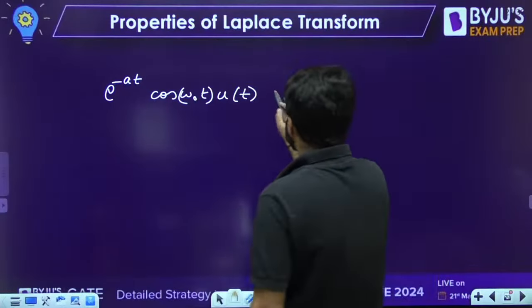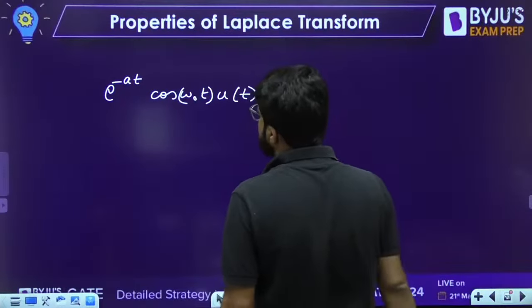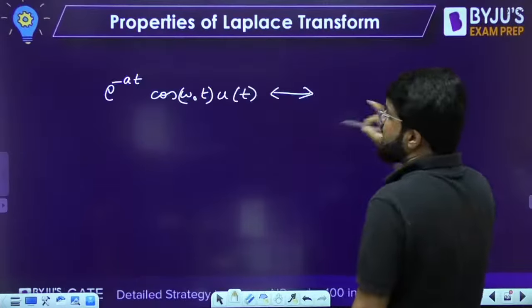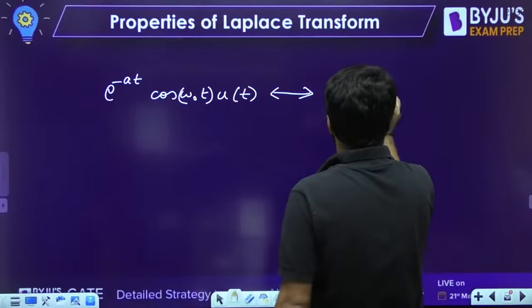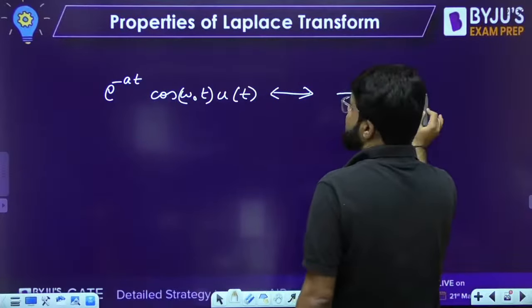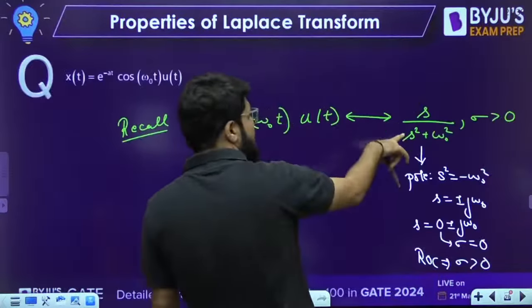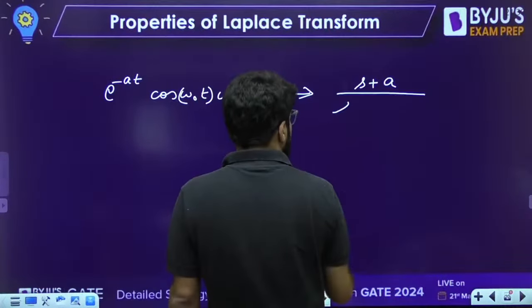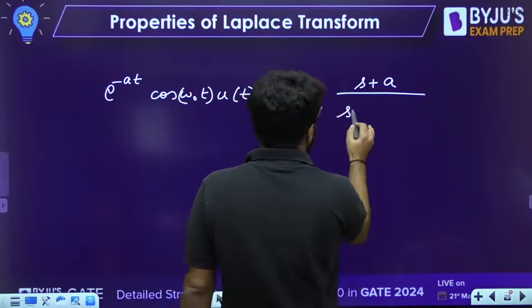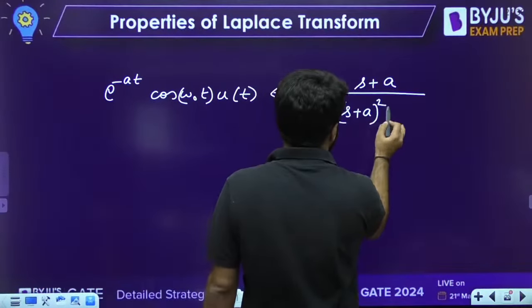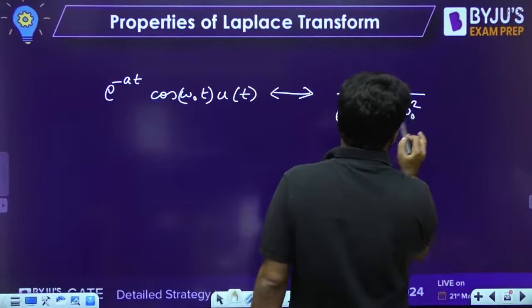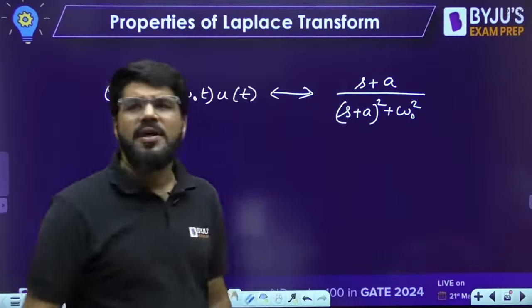So S should now become S plus A. Here it is minus at, so S is replaced by S plus A everywhere. So the denominator is S plus A whole square plus omega naught square.